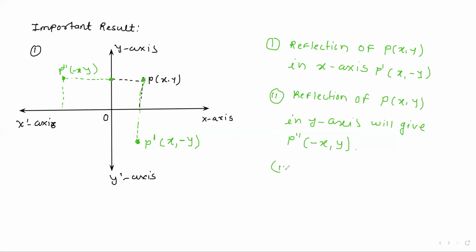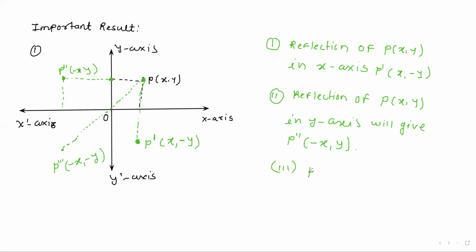Now the third important result is reflection along origin. Suppose this is our P point, and we reflect this P point along the origin. Let's denote it as P triple dash. Obviously its x coordinate and y coordinate are both going to change.